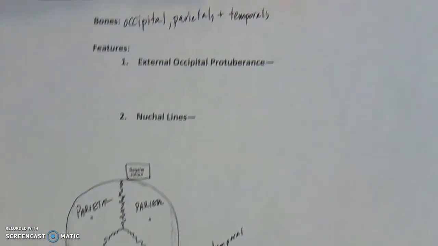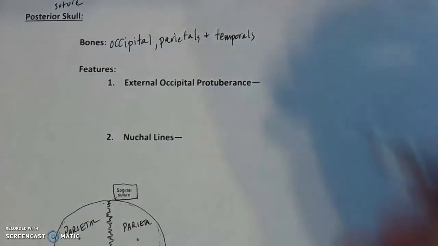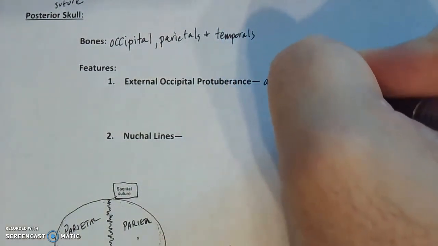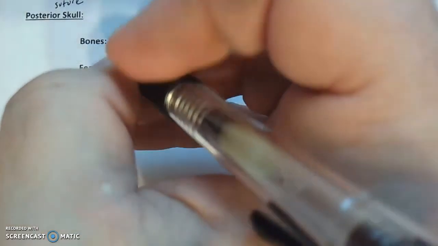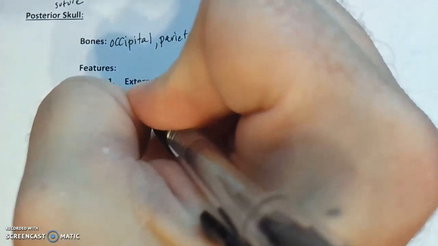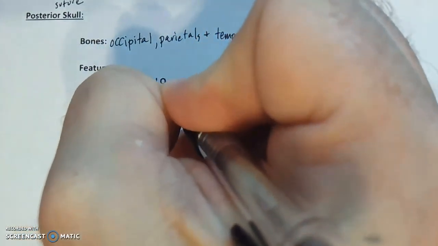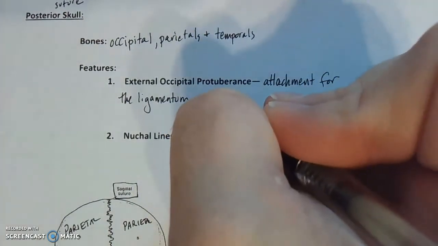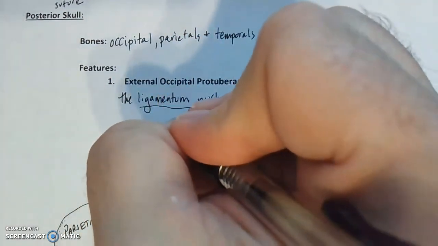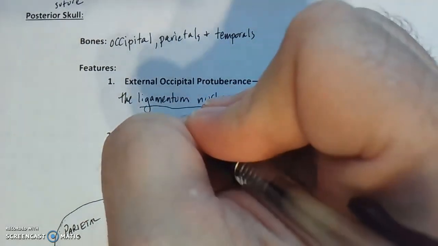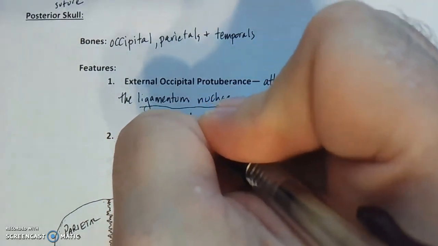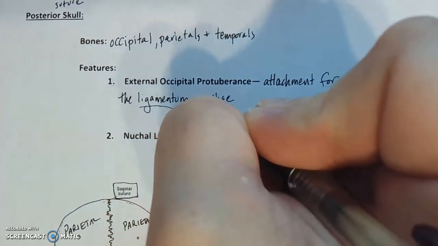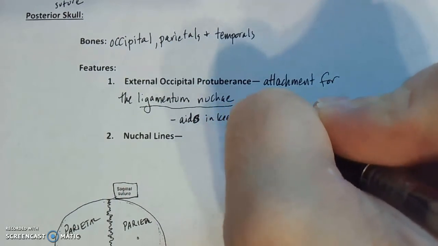So that external occipital protuberance is an attachment site. And it's the attachment for something called the ligamentum nuchae. This is a ligament that aids in keeping the head erect.